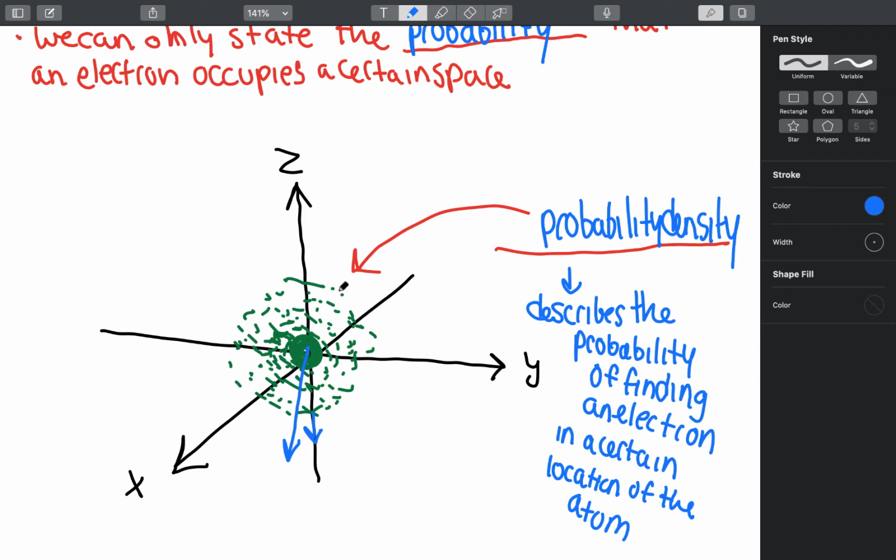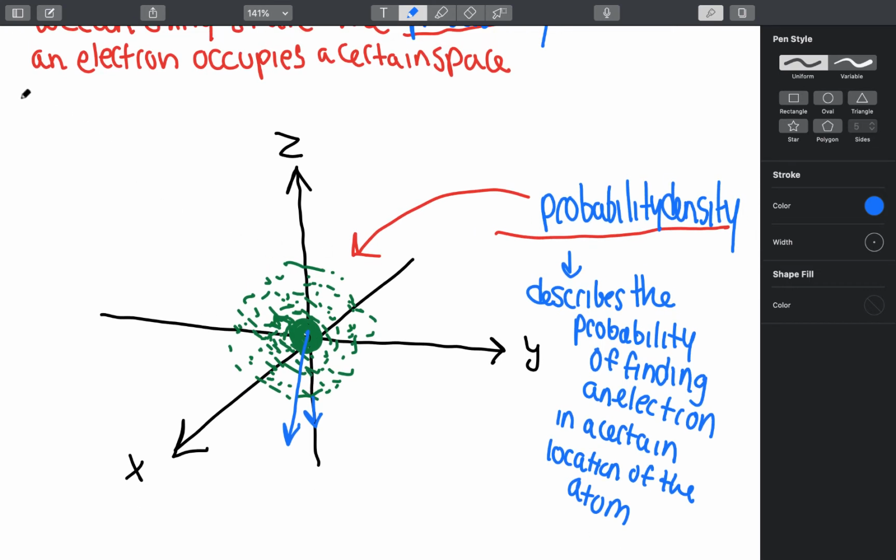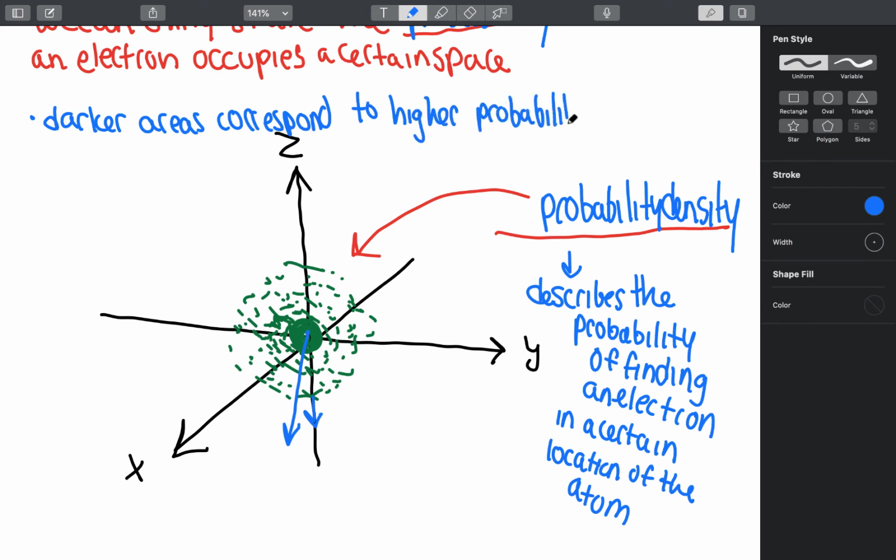So how do I interpret this graph here? Well, areas in which the green dots are thicker correspond to higher probability densities. So darker areas correspond to higher probability densities. In this particular graph, the area with the highest probability density is in the middle.